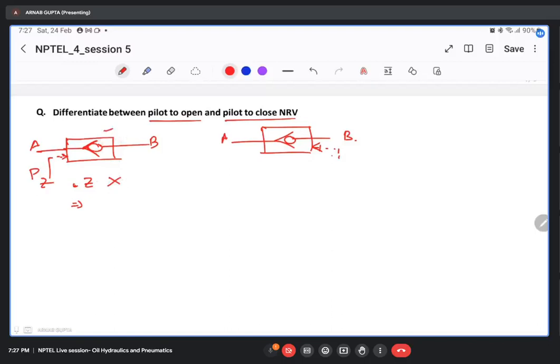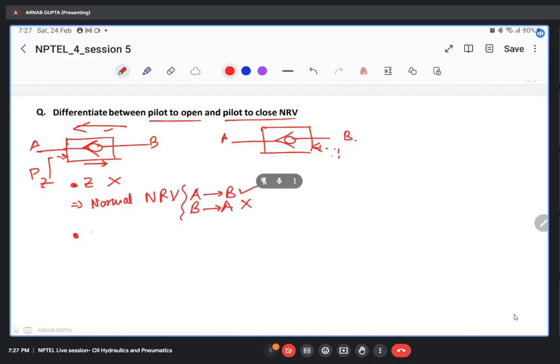It will restrict the flow in the backward direction, and in the forward direction it won't restrict the flow. So if there is no signal at Z, it is a normal NRV, that is A to B is possible, B to A is not possible.